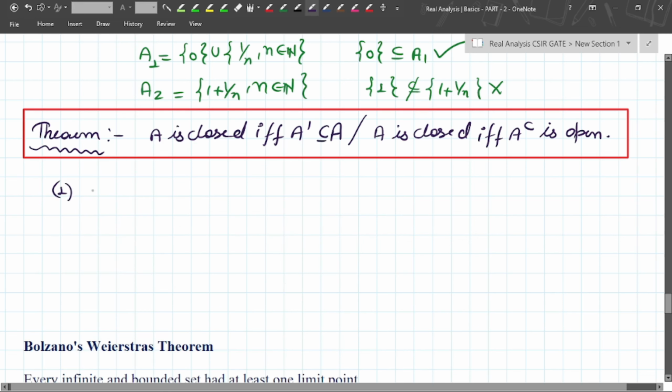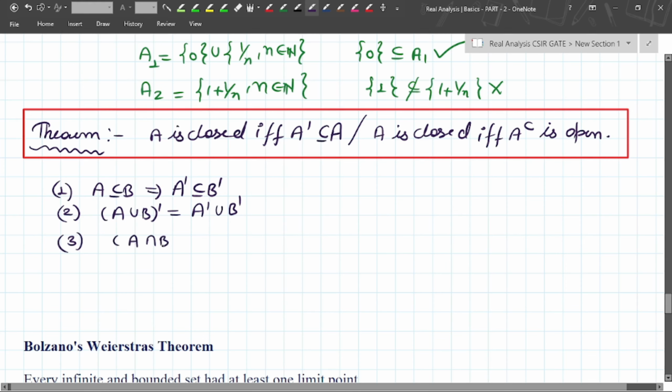Let's say A is a subset of B, then the derived set of A is a subset of the derived set of B. Similarly, the derived set of A union B is equal to the union of the derived sets of A and B. Third, the derived set of A intersection B is a subset of the intersection of the derived sets, not equal.